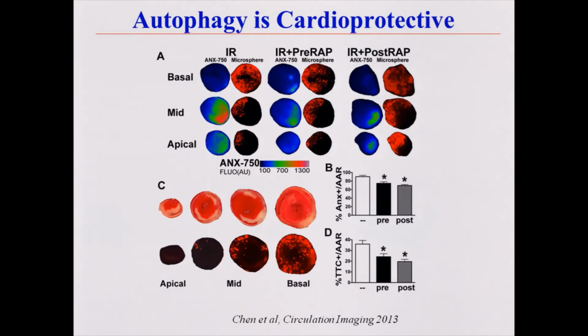And the last point is there's been some debate, at least within the cardiology literature, about whether autophagy is protective or deleterious. And Howard showed very nicely in this paper that it actually is protective and decreased infarct size by up to 40%.